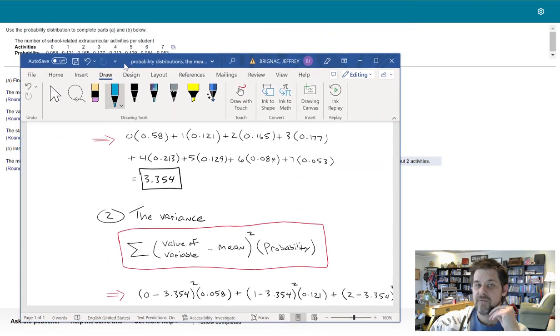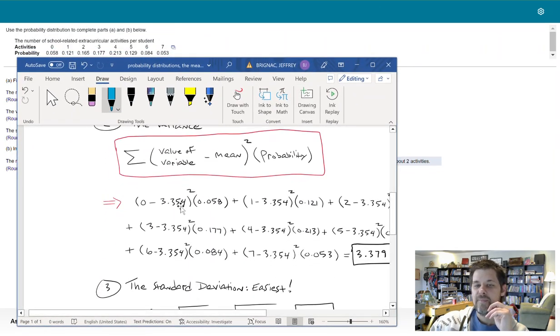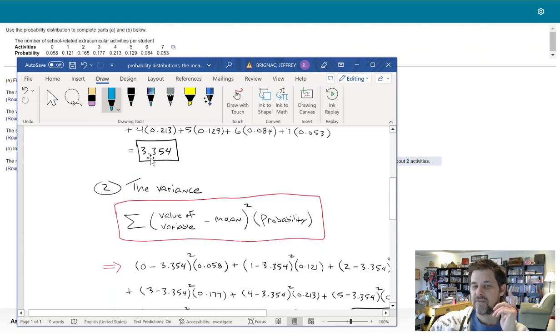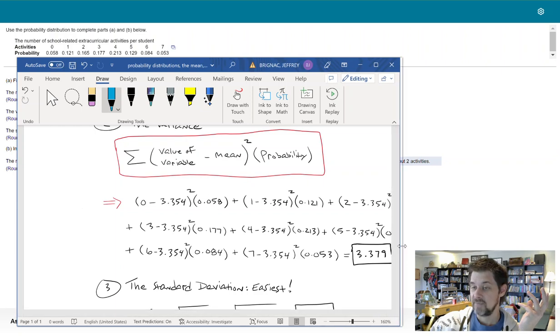For example, my mean that I've already calculated is 3.354. Starting with 0, the first value of my variable, I take 0 minus the mean, 3.354, I square that, and then I multiply by the probability that it takes that value, 0.058. See what I mean there?